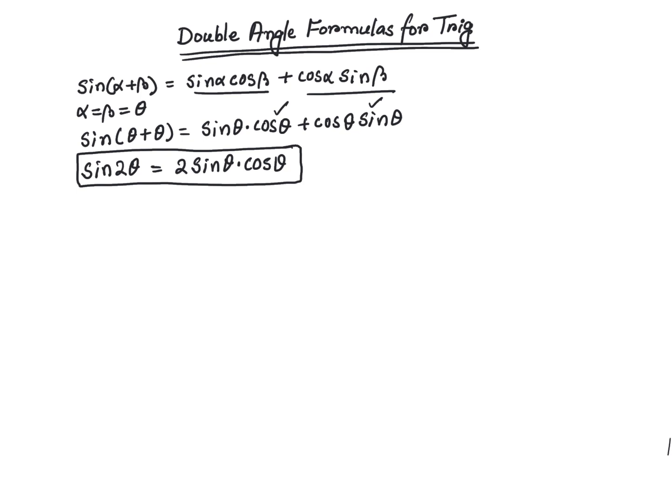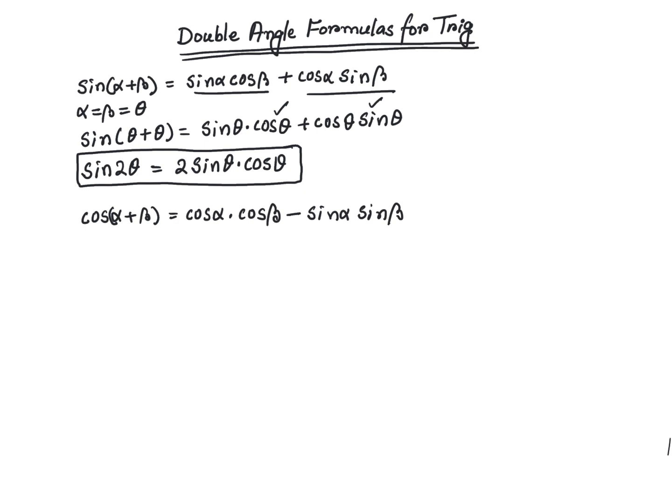Now we are going to use the same approach for cosine, the sum of 2 angles. So cosine of alpha plus beta is equal to cosine of alpha times cosine of beta minus sine of alpha times sine of beta.